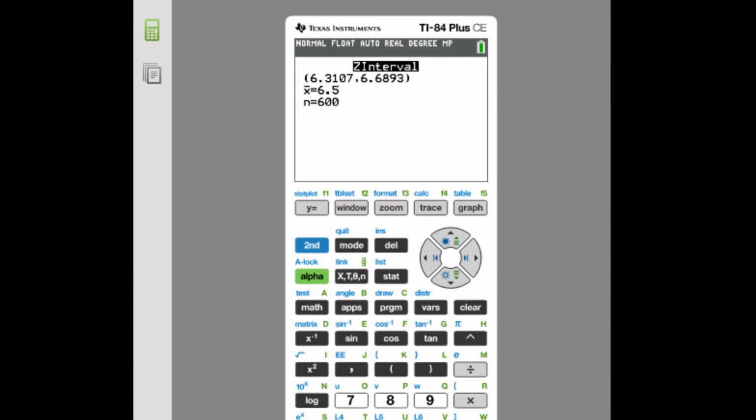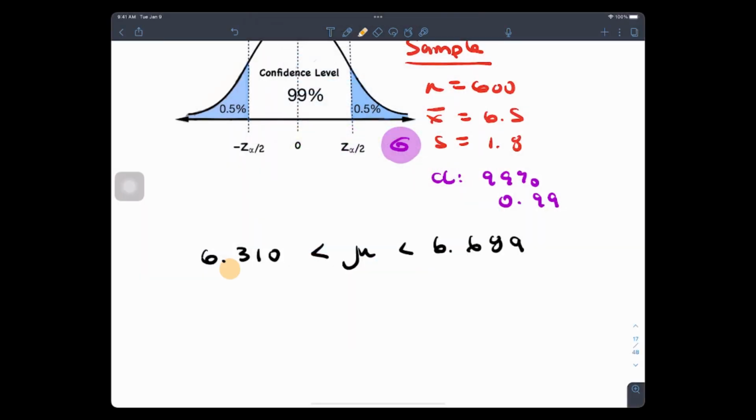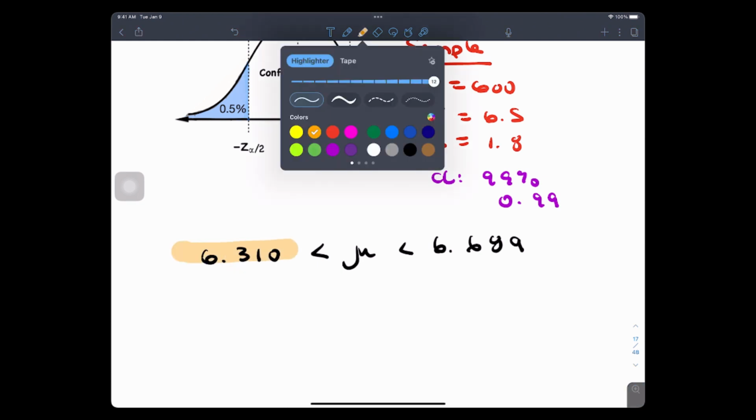I think my 6.310 is less than mu, which is less than what? 6.689. Okay? And notice here you get the what? The lower value and the upper value for the mean.